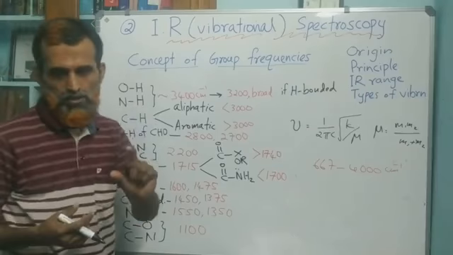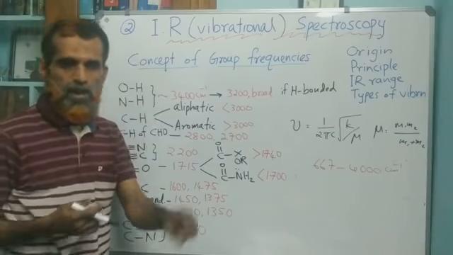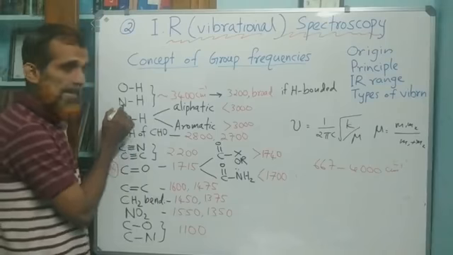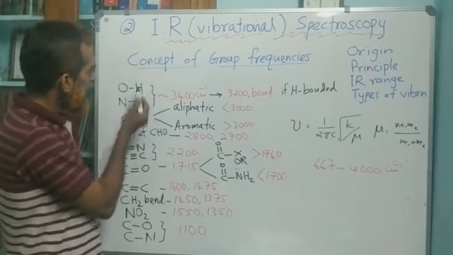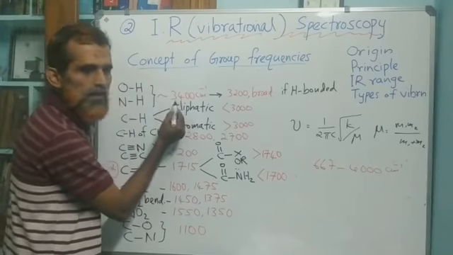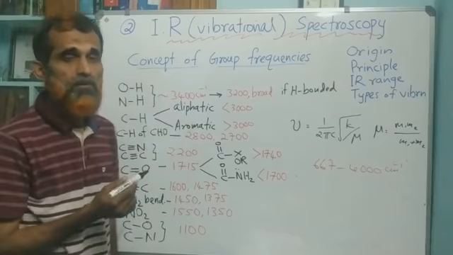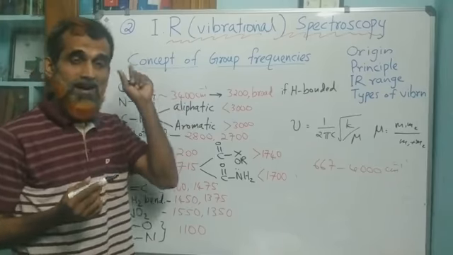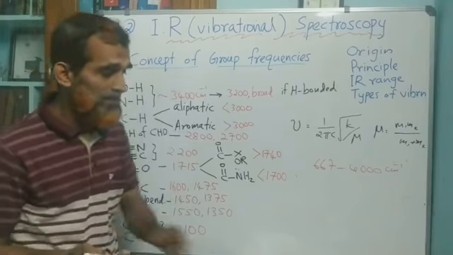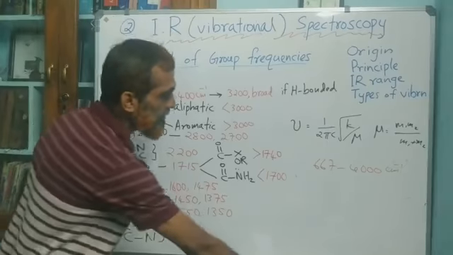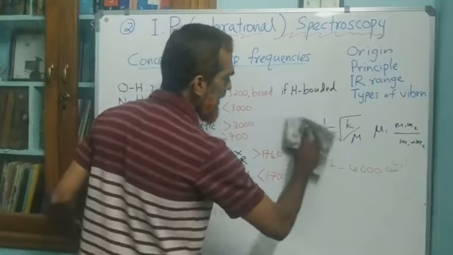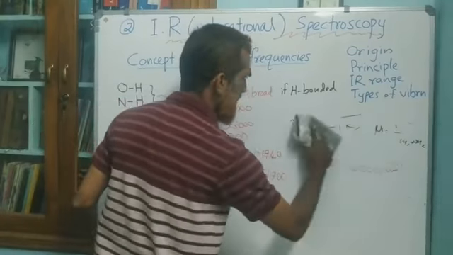OH is there in alcohols, carboxylic acids, etc. NH in amines, amides, etc. These generally have a value of 3400. This is the highest IR frequency value possible for a functional group, for alcohols and amines.